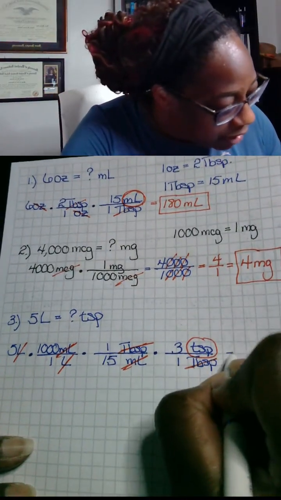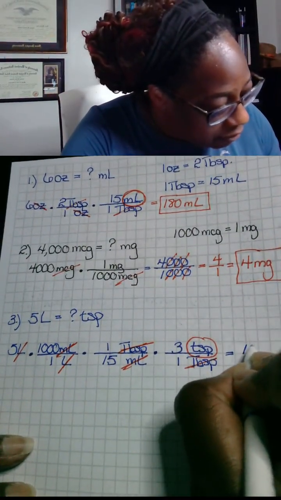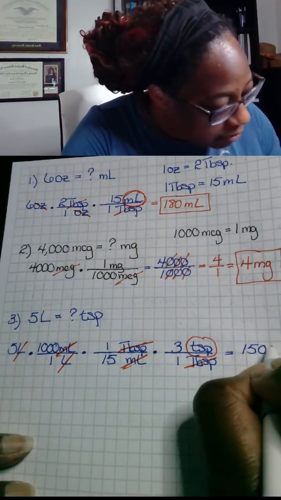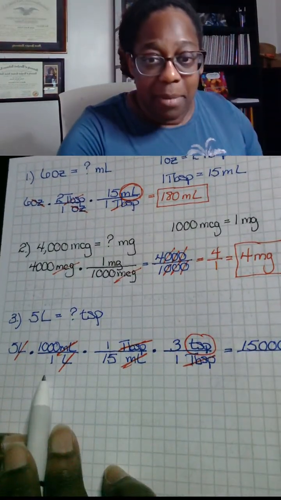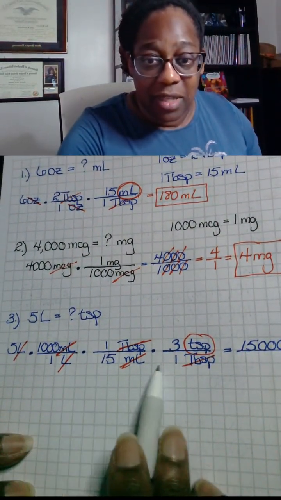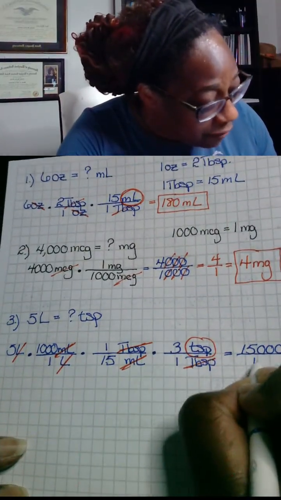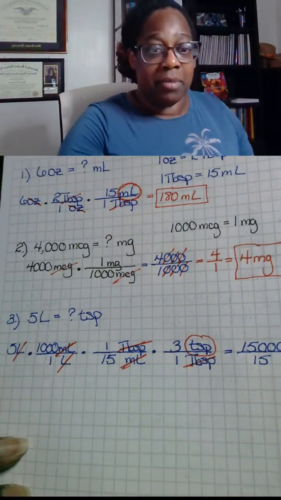That's going to give me 15,000. And then my denominator, I have 1 times 15 times 1. That's going to give me 15.